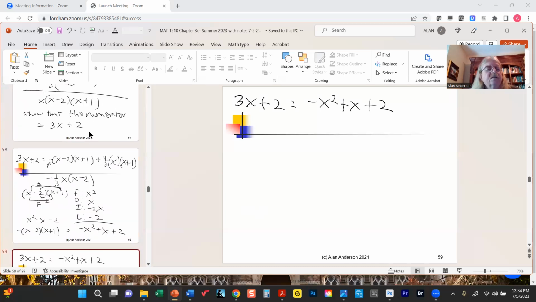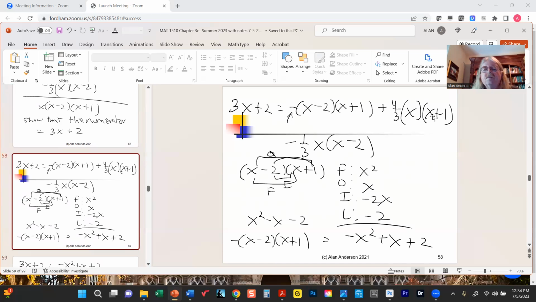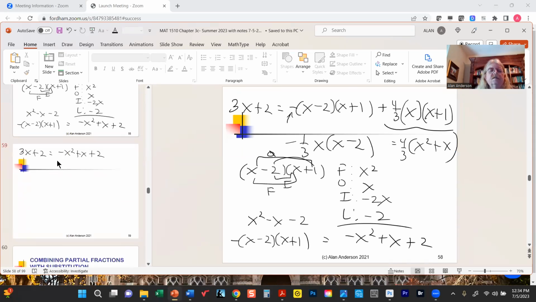And then what came next was this part. Now this is equal to this. Okay, so let's write that in. 4/3 x squared plus x.